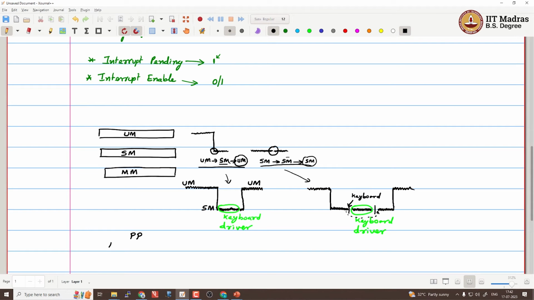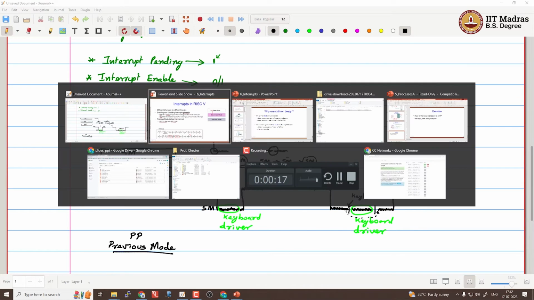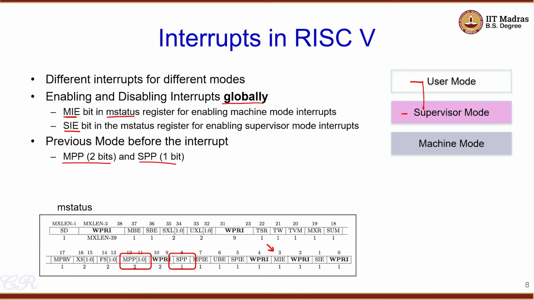So, in this very specific scenario, we have the bit SPP, which is 1 bit, which is present over here, which essentially tells you what was the previous mode for the processor's operation, right.